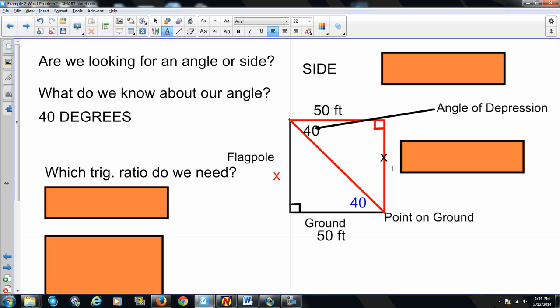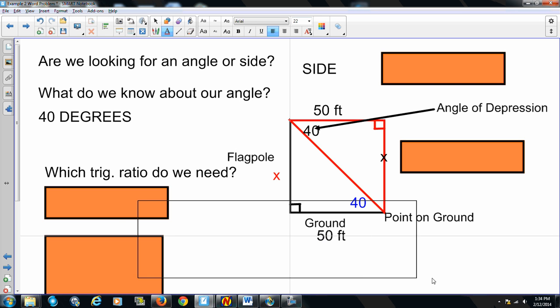And this has to be my opposite. So it would be opposite and adjacent. And if we look at this 40 degrees down here, we also see that the 50 feet helps make this angle, so it has to be the adjacent, and the x is the opposite. So we would have opposite and adjacent. Which of our trig ratios uses only the opposite and the adjacent?